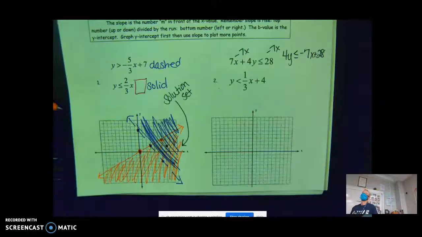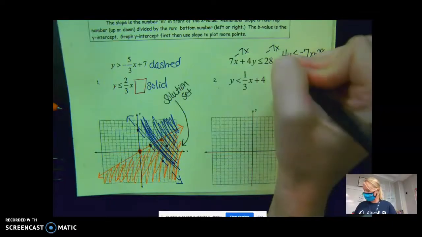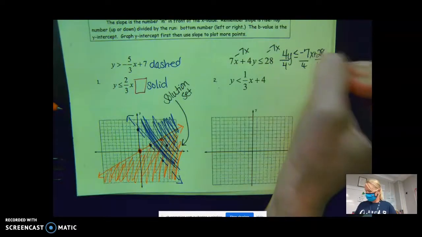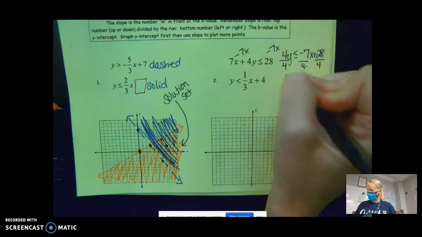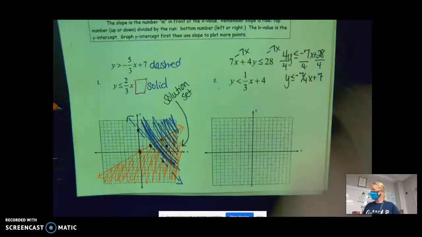What do I do now? I want to get y by itself. Divide by 4 everywhere. So I get y is less than or equal to negative 7 over 4x plus 7.